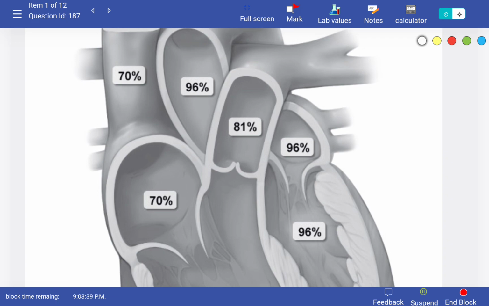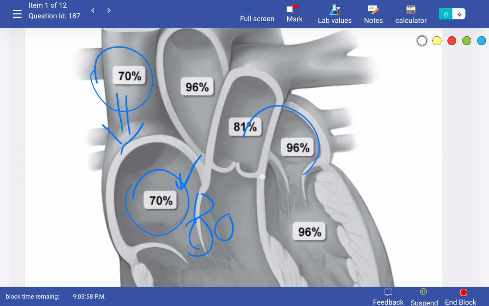But what if the pressure here was increased, let's say at the superior vena cava, the pressure was 80? That would be the case of ASD, atrial septal defect. Why?